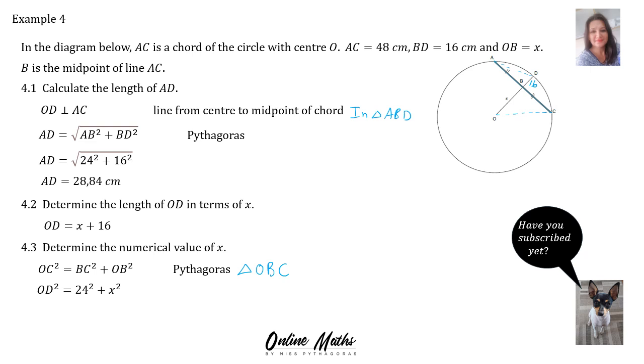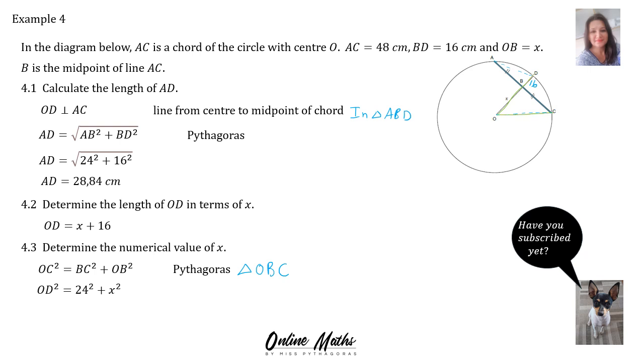Now, where does OD fit in? If you go back to your sketch, let me show you that one. Can you see that OD there is in fact a radius, and OC is also a radius.